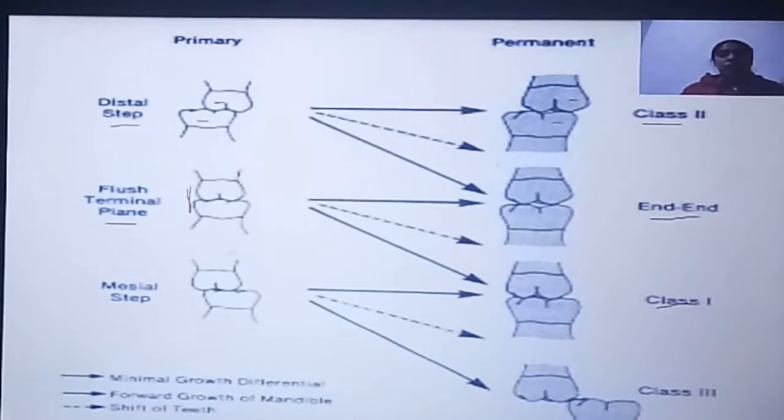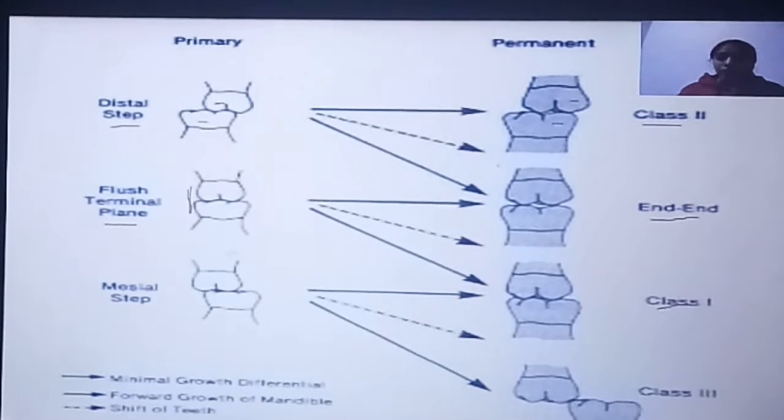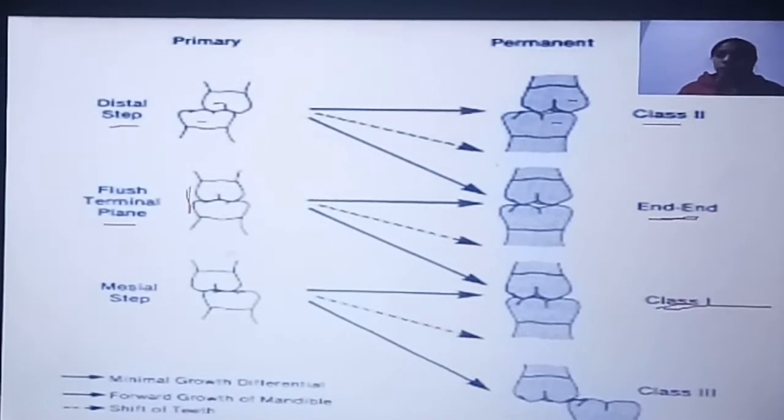We always know that the mandible grows for a lifetime, small growth happening in the whole of life. If there is limited growth of the mandible, it will change to end on end. If there is good growth of the mandible, it will change to class 2. So normally flush terminal plane will come into class 1 relation.